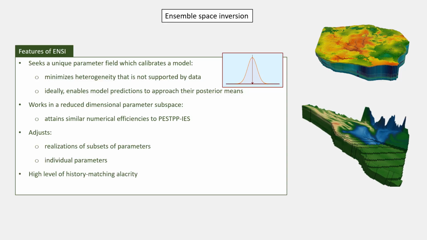ENSI is normally able to attain a high level of fit with a calibration data set, if the model is appropriate. Furthermore, it's able to do that even when calibrating complex models for which the relationship between model outputs and parameters is highly nonlinear. So ENSI is robust.